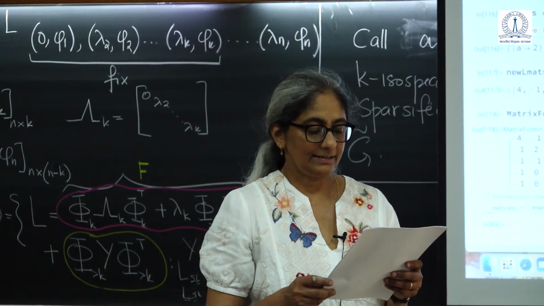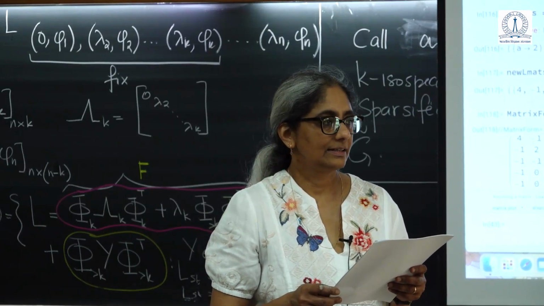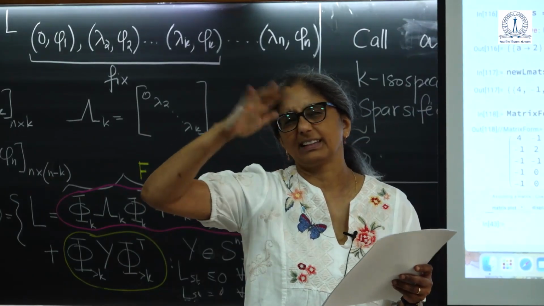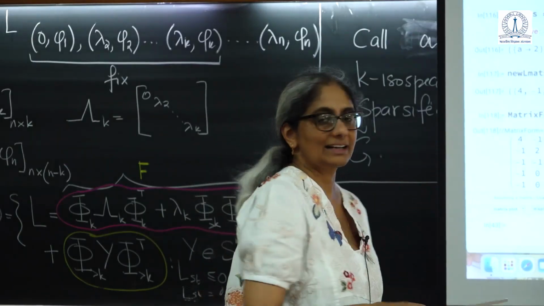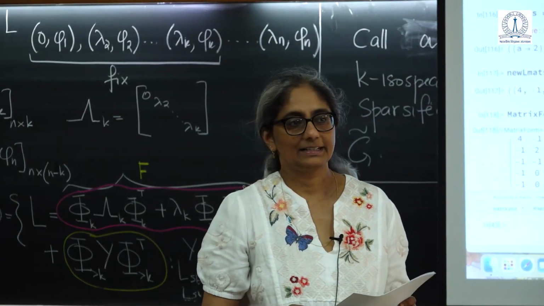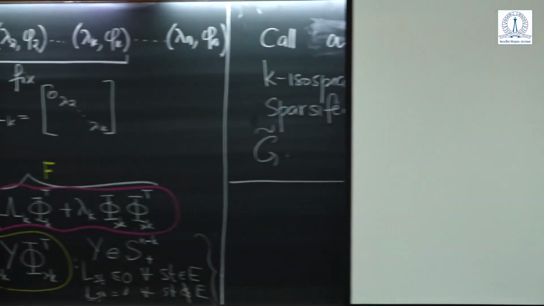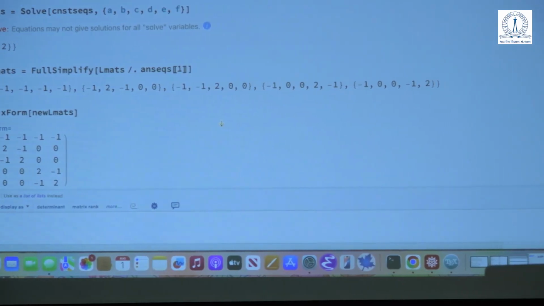So n is 10, the cardinality of E is 30. So what's the largest k we can get to before we think it will stop sparsifying? You have to do that calculation, right? K we don't know, I'm asking you to find k.